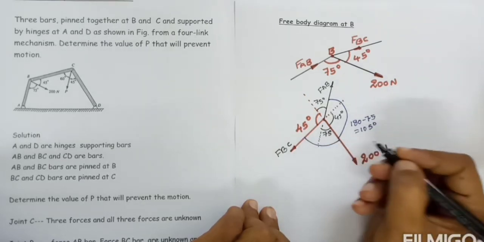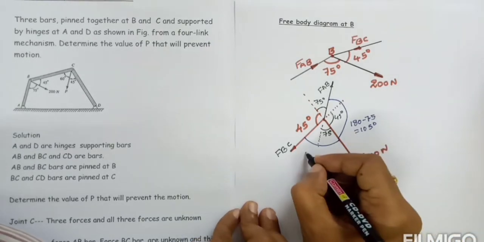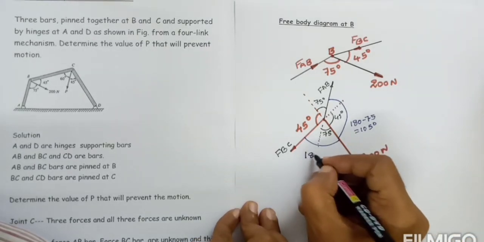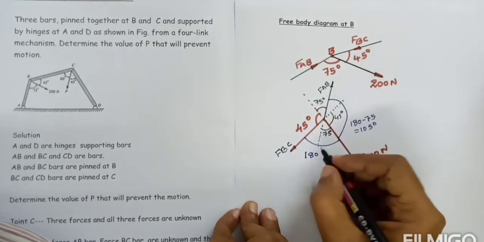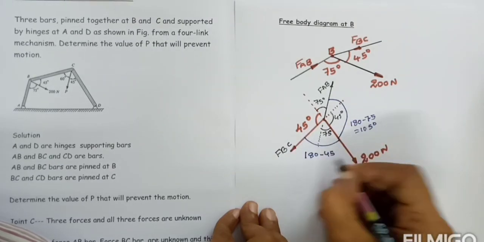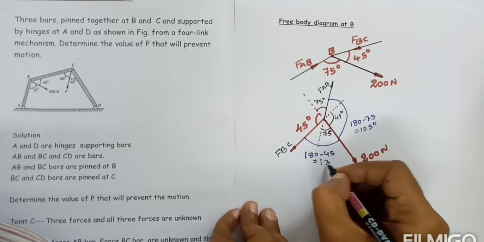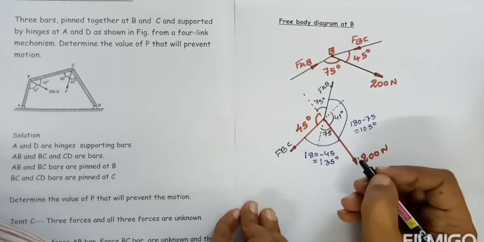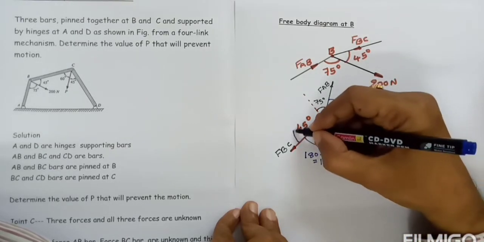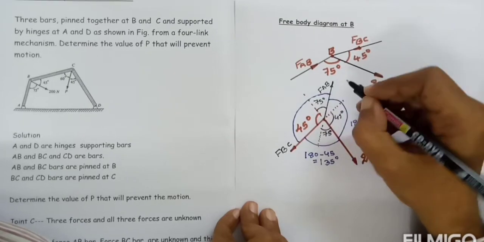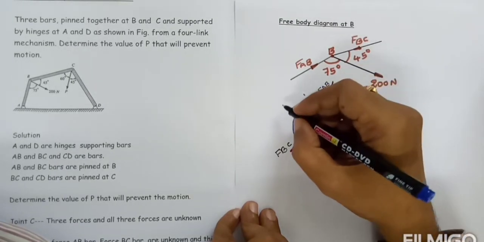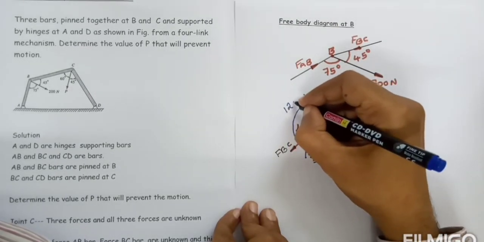And this angle becomes 180 minus 45, which is equal to 135 degrees. And this total angle, 45 plus 75, is 120 degrees.